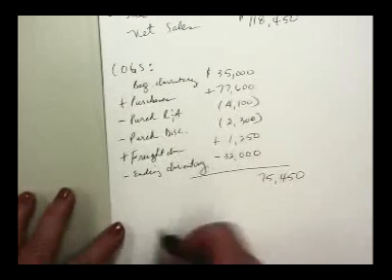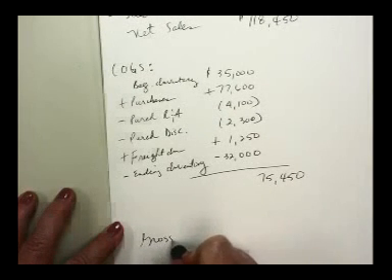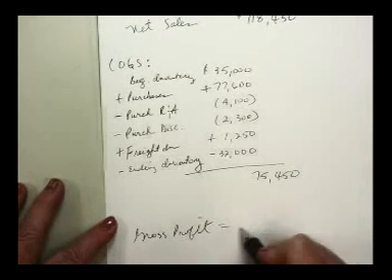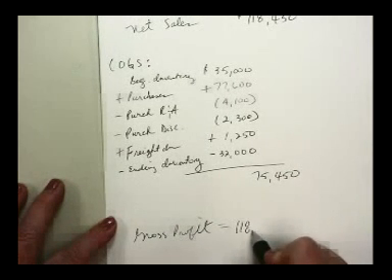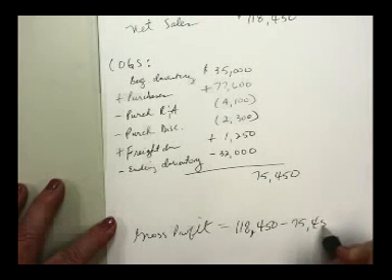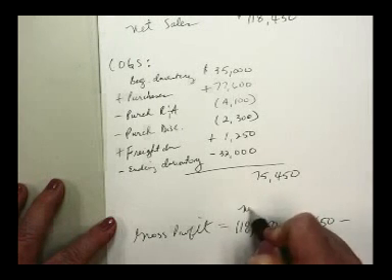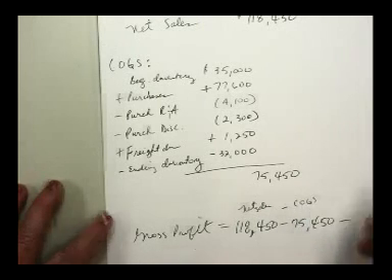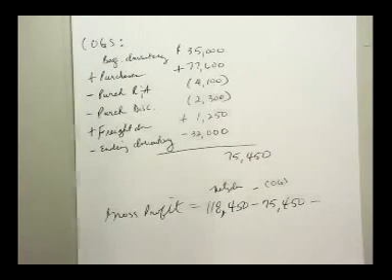So my gross profit is going to be $118,450 minus $75,450. In other words, net sales minus cost of goods sold equals gross profit.